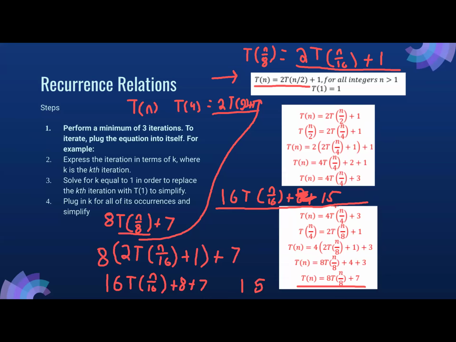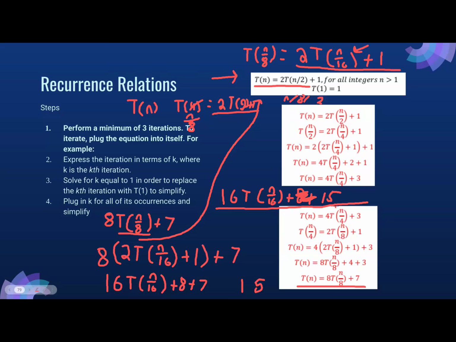Essentially, we're just plugging in a constant. But what if that constant still had n in it, right? So we're just plugging in n over 8 and filling that in wherever n is. So n over 8 over 2 is going to equal n over 16, which is what we got right here.